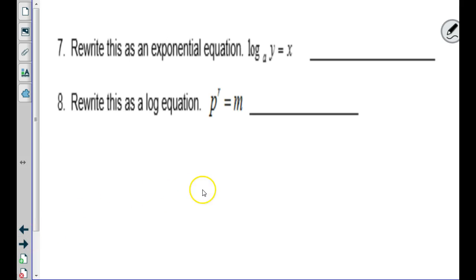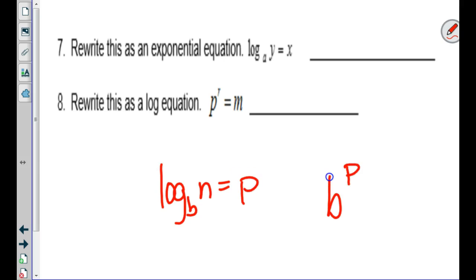All right, what about 7? Just rewrite. Remember the annoying man on the video? Log base b of a number equals p. B to the power equals. So what are we doing here?